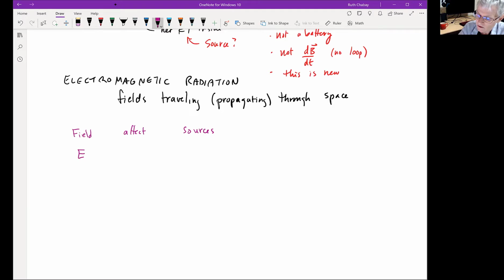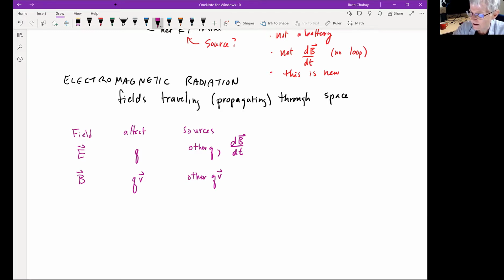So electric fields, we know affect charges. Sources could be other charges, or we saw with Faraday's law that a time-varying magnetic field was associated with a curly-shaped electric field that could affect other charges. Now, magnetic fields, we know that they can be made by moving charges. They can affect moving charges.